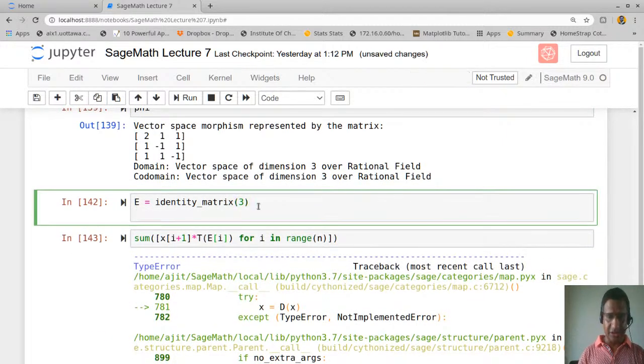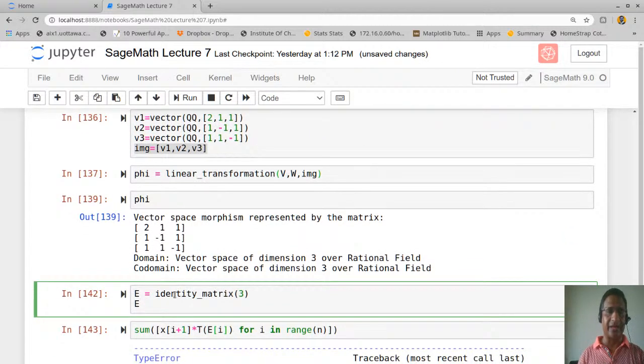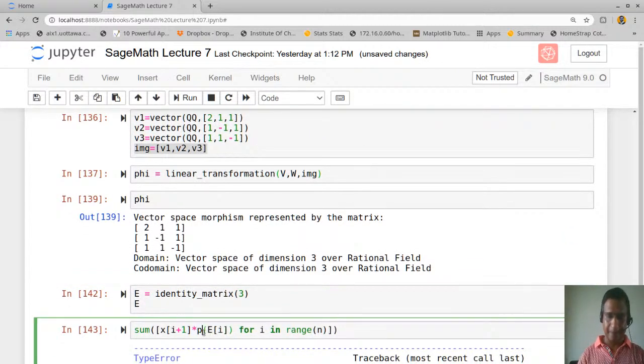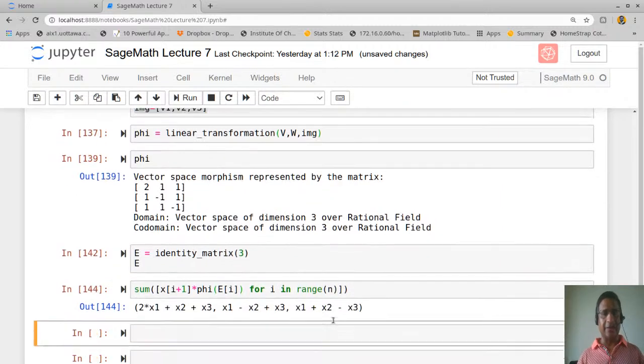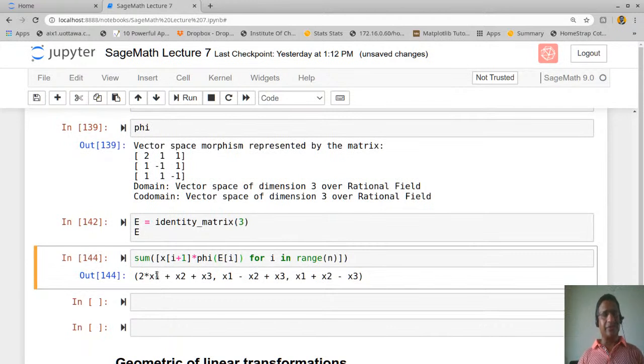Let us see. Oh, we have not defined T, we have defined phi, so I have to say phi here. Yes, right.